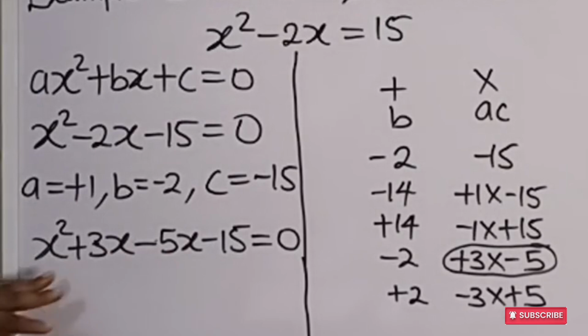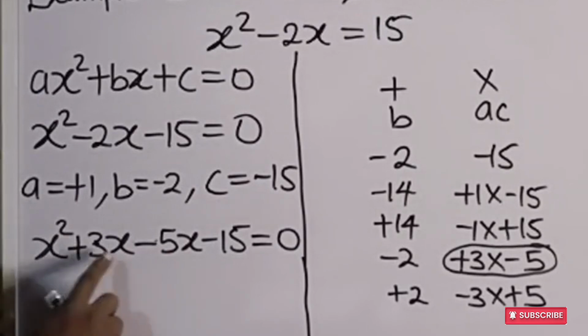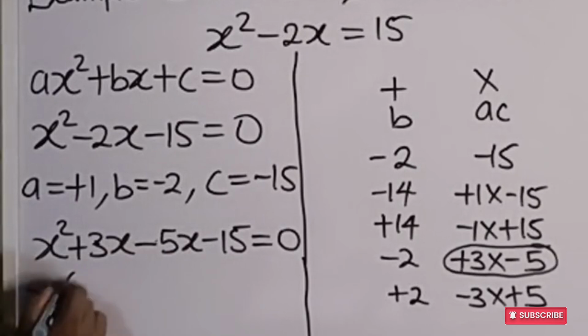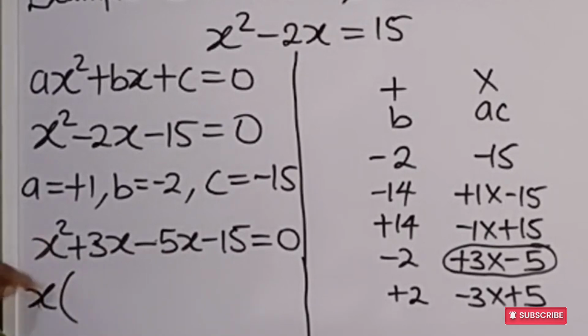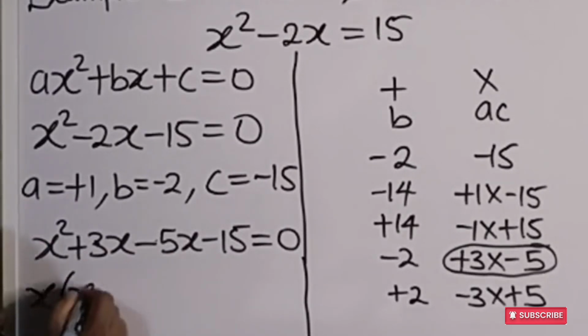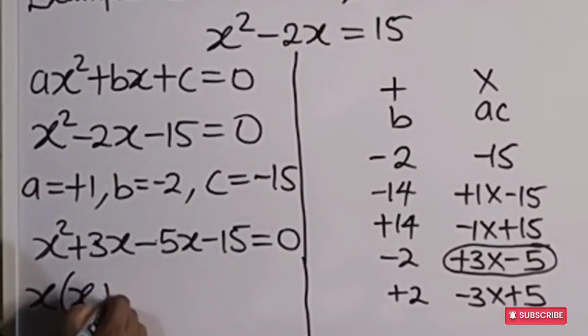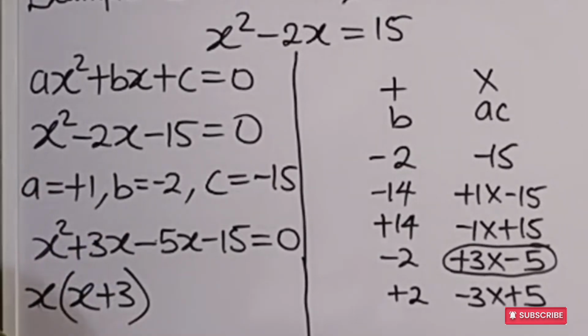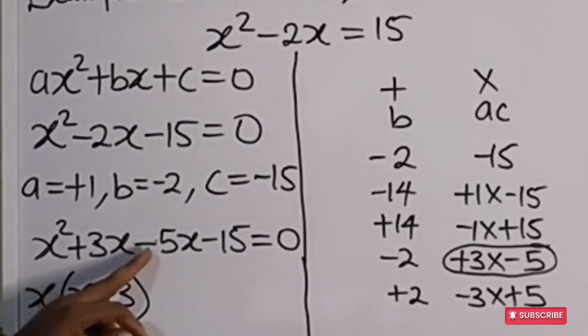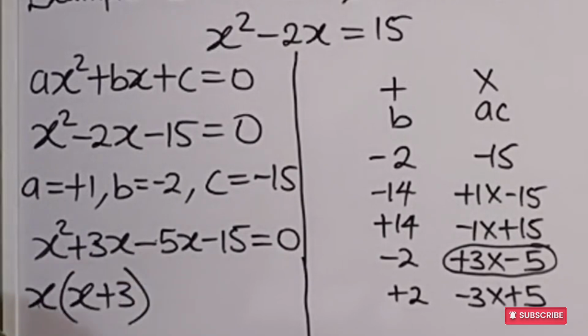So let's factorize this. Between x squared and plus 3x, what is common is x. So we have x squared divided by x will give us x, plus 3x divided by x will give us plus 3. So this minus sign we have here, you bring it down.